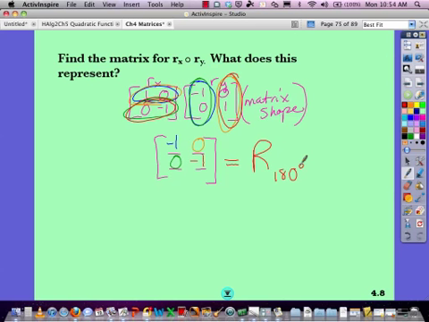So anytime you do a reflection of x followed by a reflection of y, you can say that's the same as a rotation of 180. It would be simpler just to do the 1 rather than 2. So that's what we're looking at here. What relationships are you seeing?